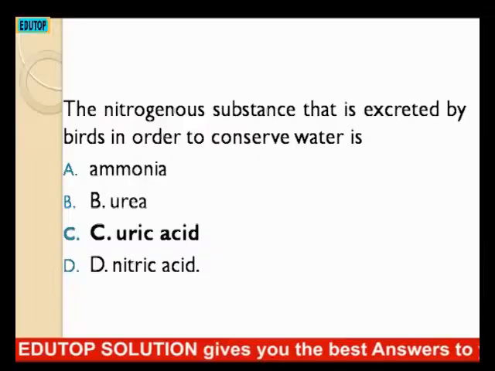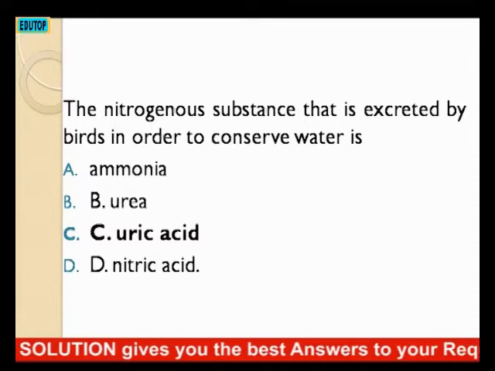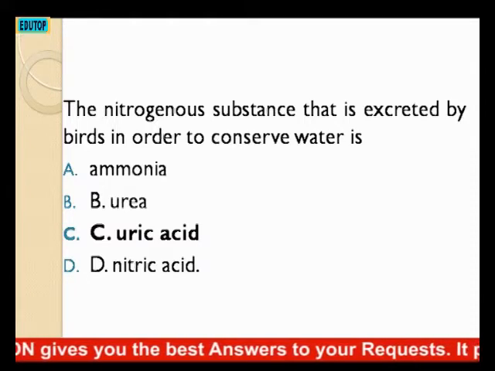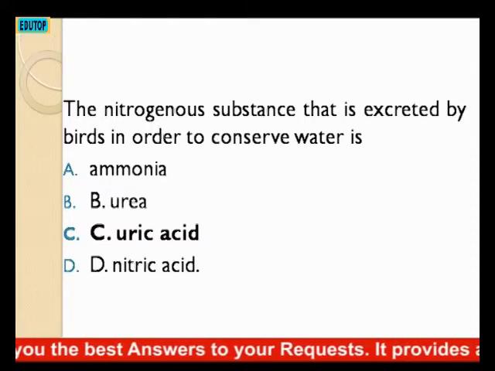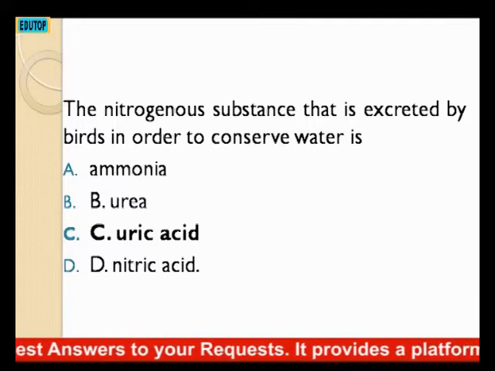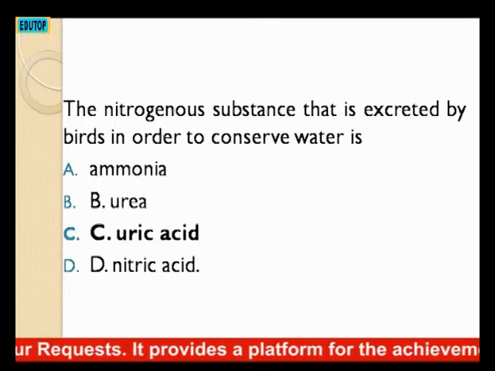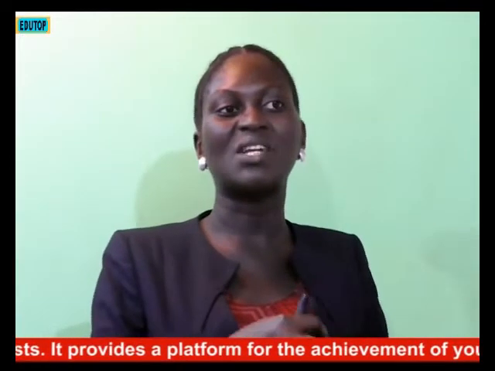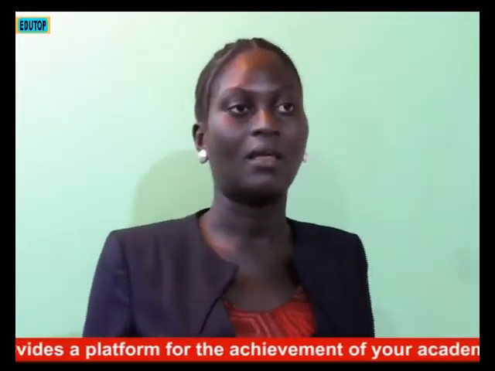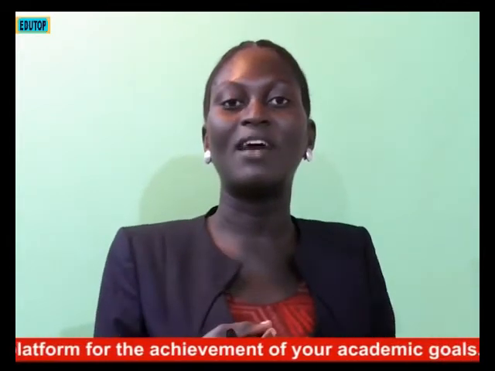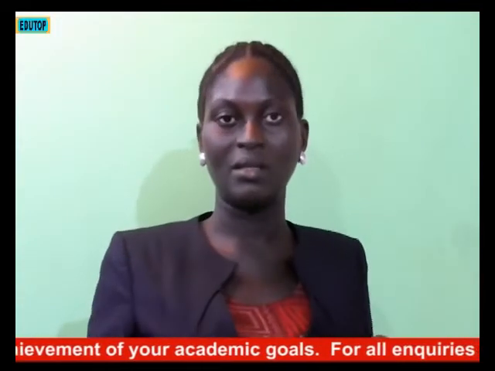First is this: the nitrogenous substance that is excreted by birds in order to conserve water is A. ammonia, B. urea, C. uric acid, D. nitric acid. Birds excrete uric acid. That is solid, so they conserve the water in their body.